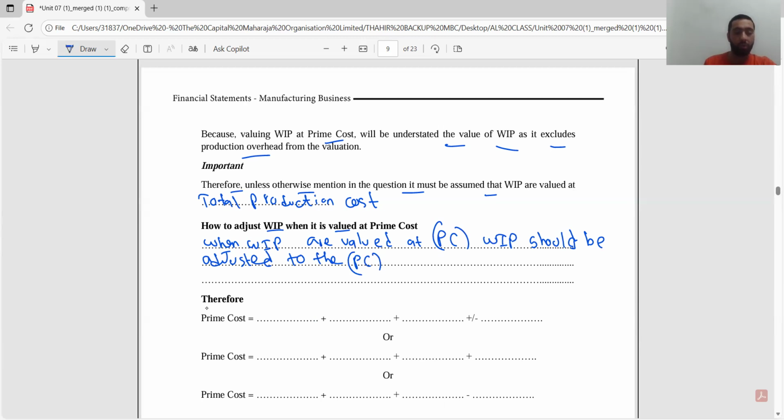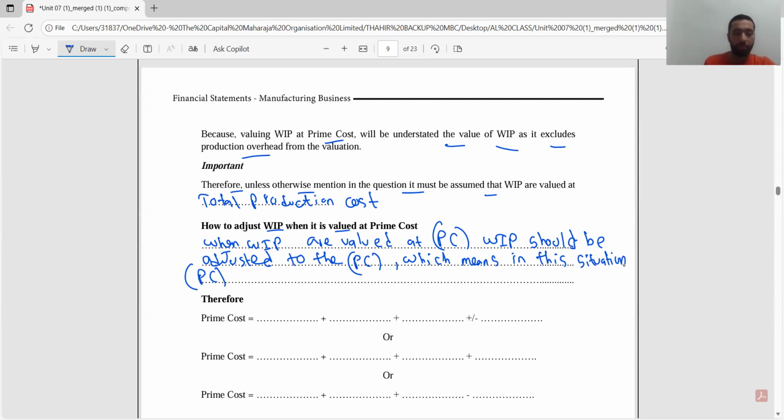The prime cost, which means in this situation, PC, what is PC?